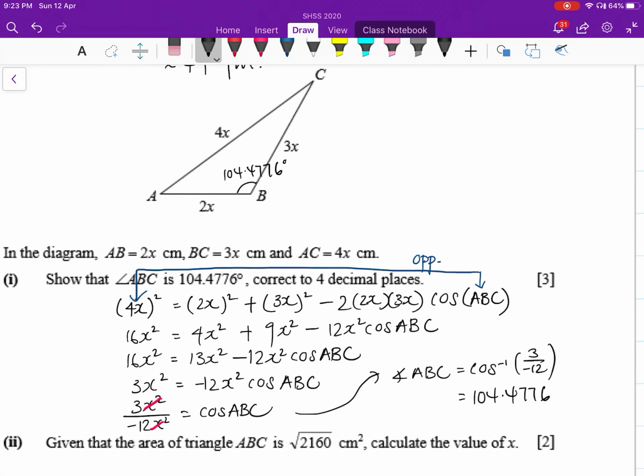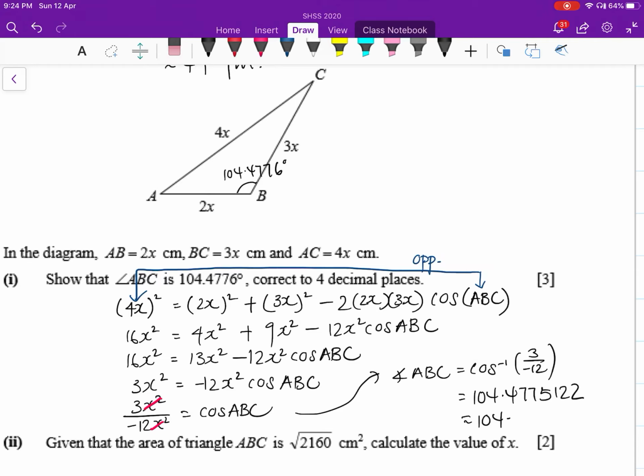Cosine inverse, 477, 5122, which rounds off to 104.4775.